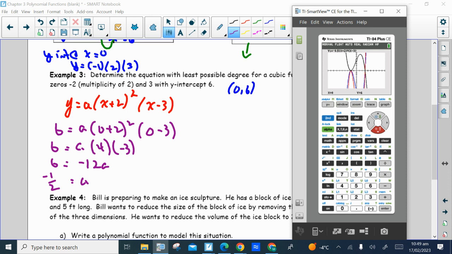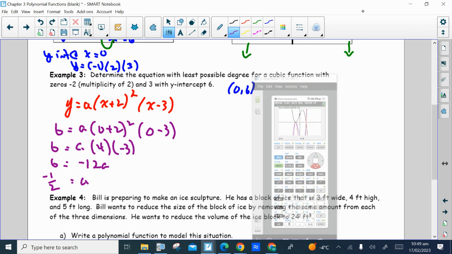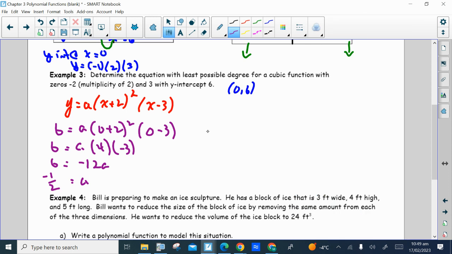It has the correct x-intercepts with the correct multiplicity, and it also has the correct y-intercept. So again, it says determine the equation, so we need to write it with our a value of negative 1/2. There's our equation.